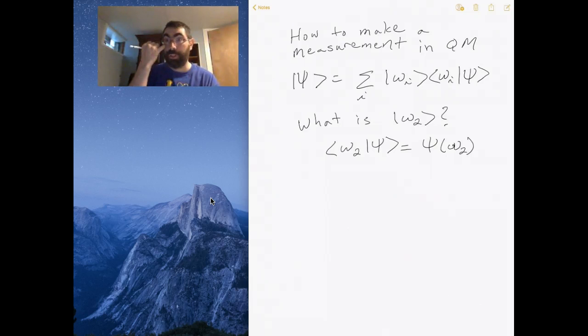This wave function is this projection of that particular result onto the total vector state. And this right here is called collapsing the wave function.